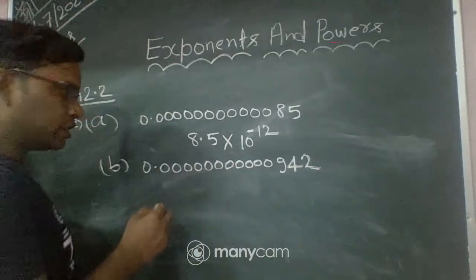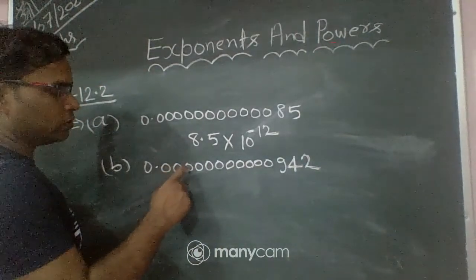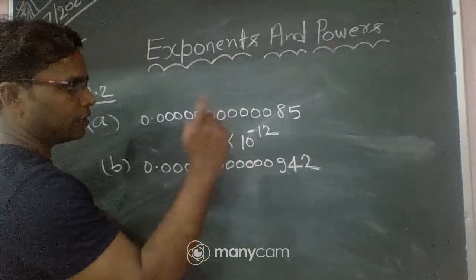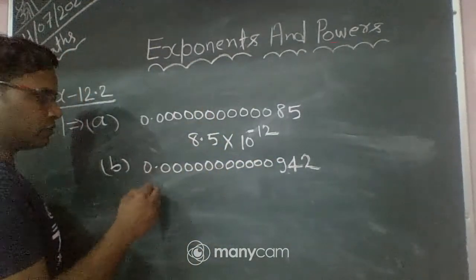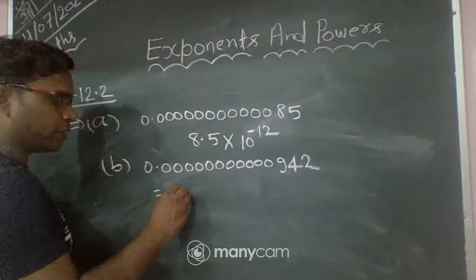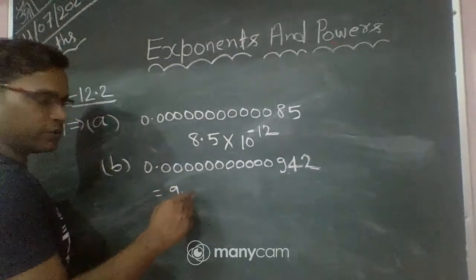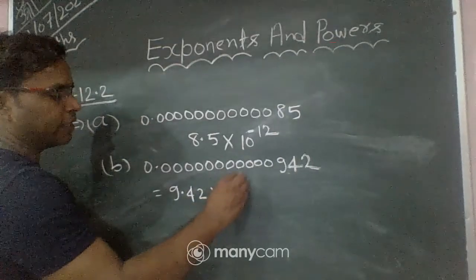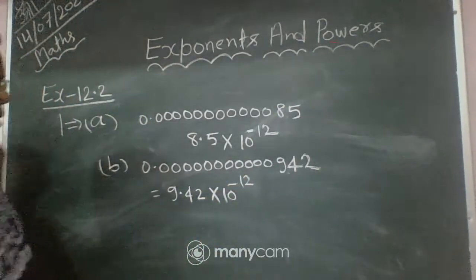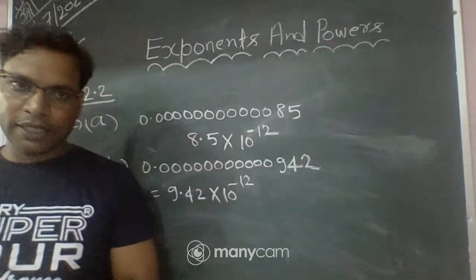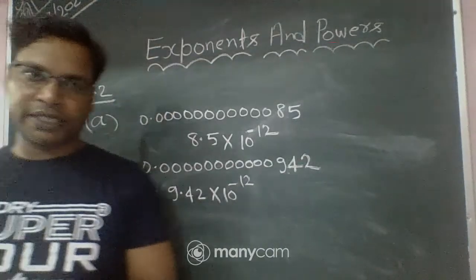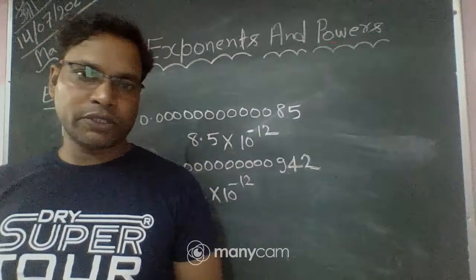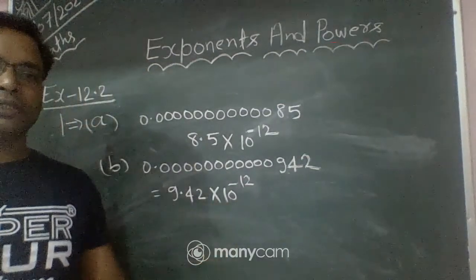How many digits did it move? 1 2 3 4 5 6 7 8 9 10 11 12. So you can write 9.42 into 10 power minus 12, because the decimal moved right 12 places.